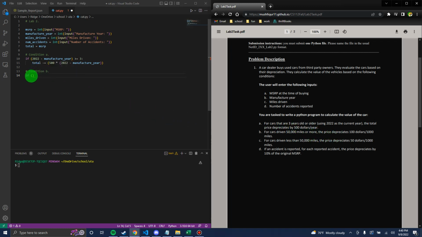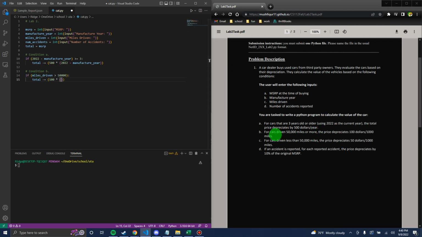So the first thing we're going to do is check if the miles driven is greater than or equal to 50,000. We are then going to do similar math to what we did above. We're going to say total minus equals, and first we have our amplifier, which is $100. We're going to multiply that by whatever math goes in here.